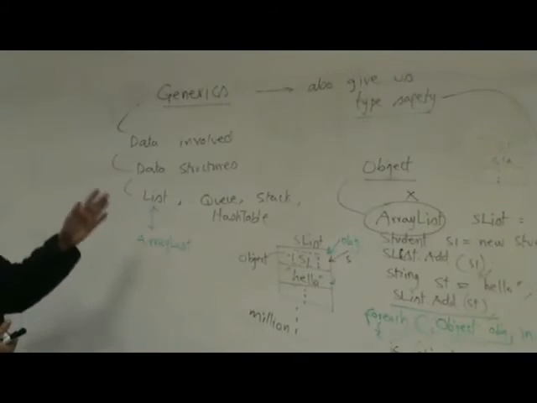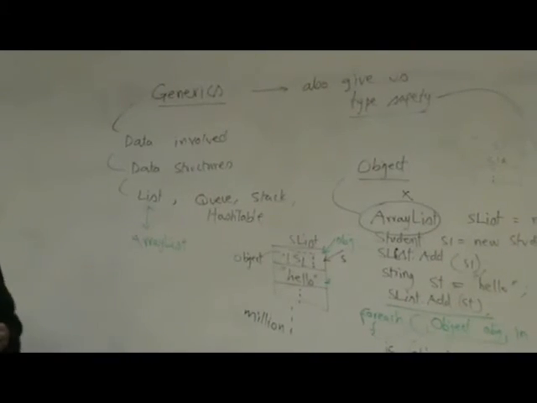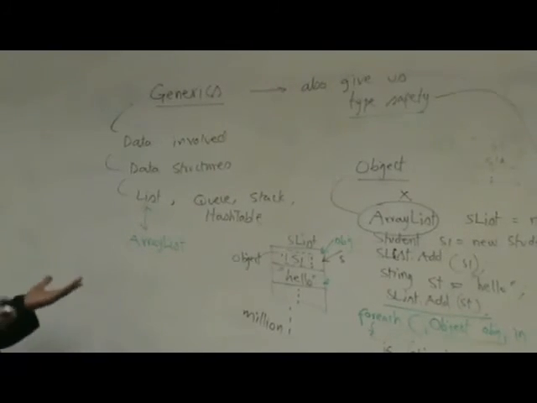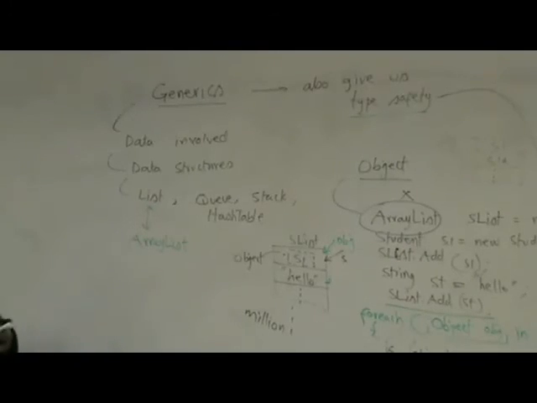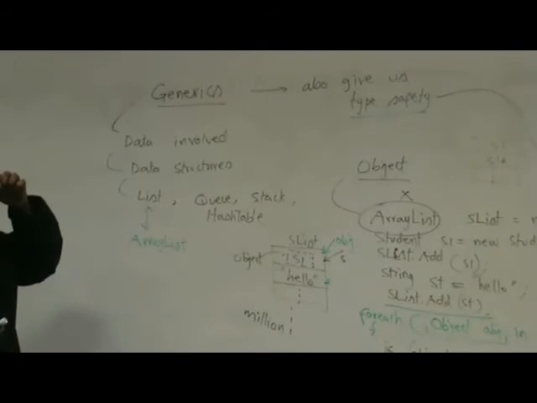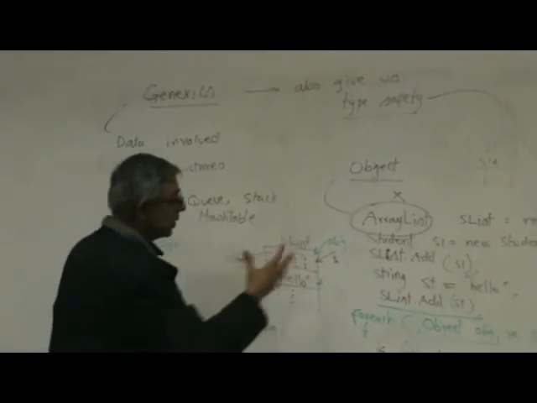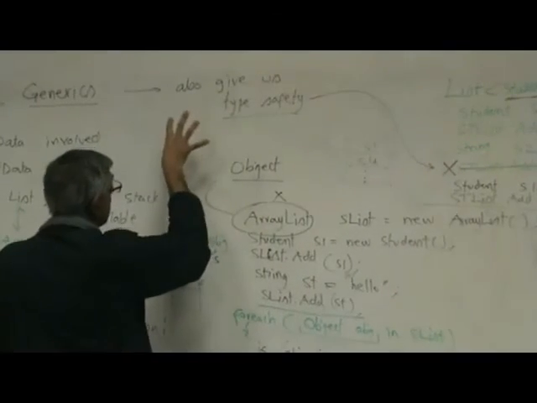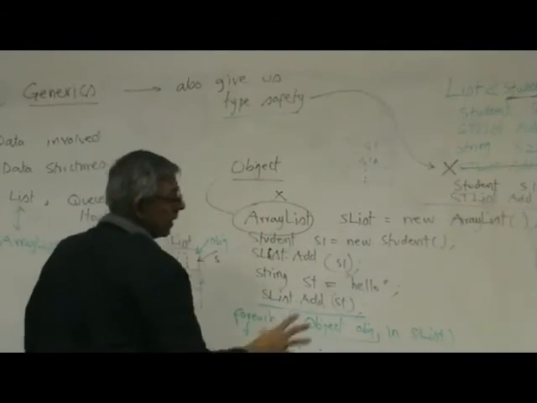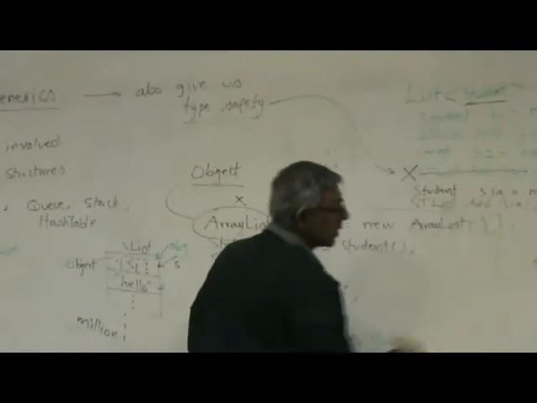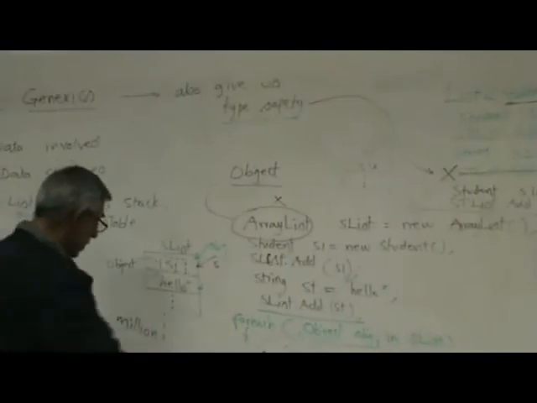So a lot of the data-related classes that are already in the library are generics to begin with. If you are creating your own very special data structure, you can make it generic, just like we discussed last time.